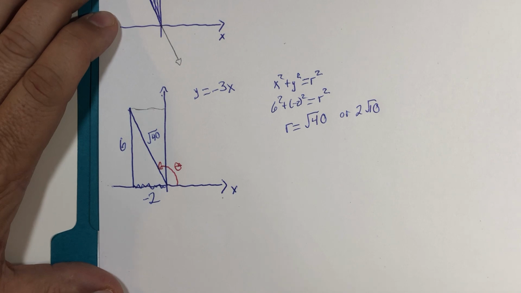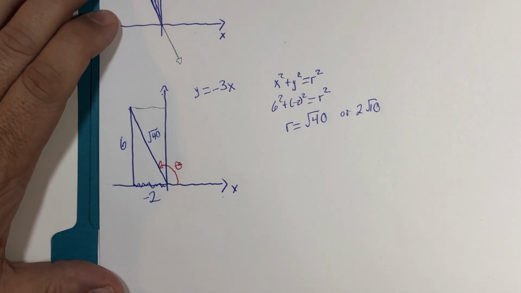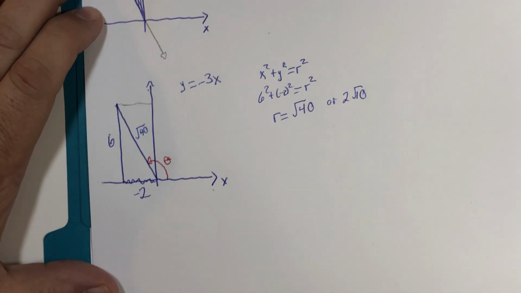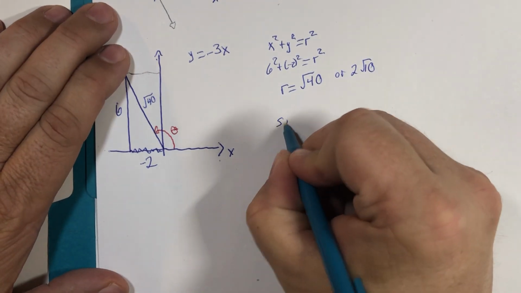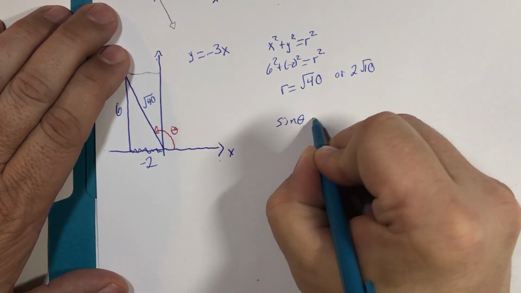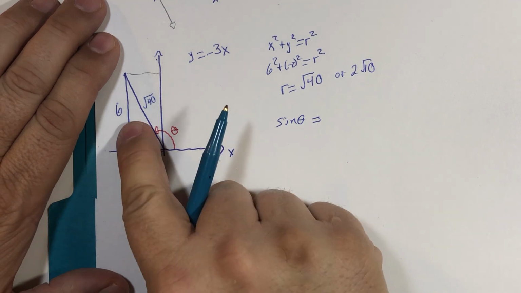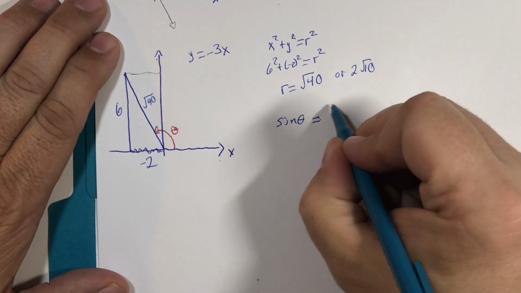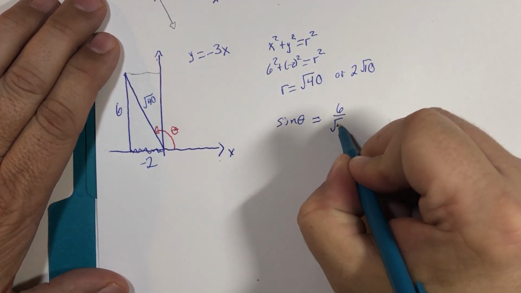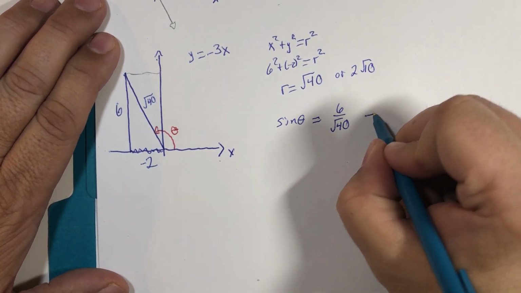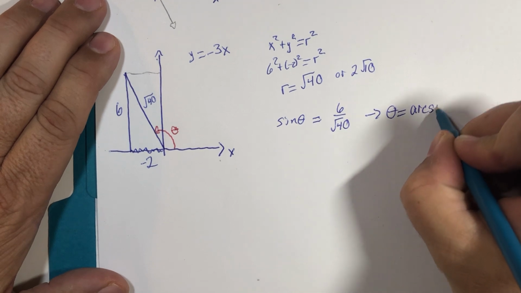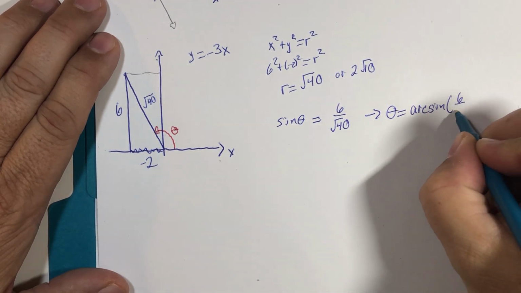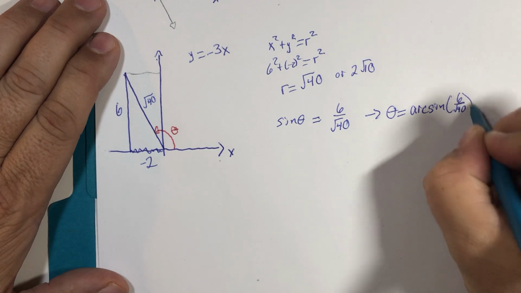So let me just take a little tour through our 3 basic trigonometry functions that we might utilize with the calculator. First, sine of theta is equal to y over r, 6 over square root of 40. In that case, theta would become the inverse sine of 6 over root 40.